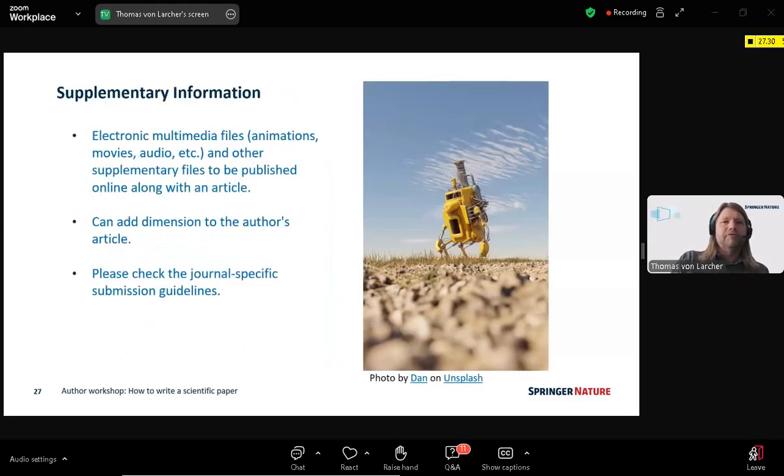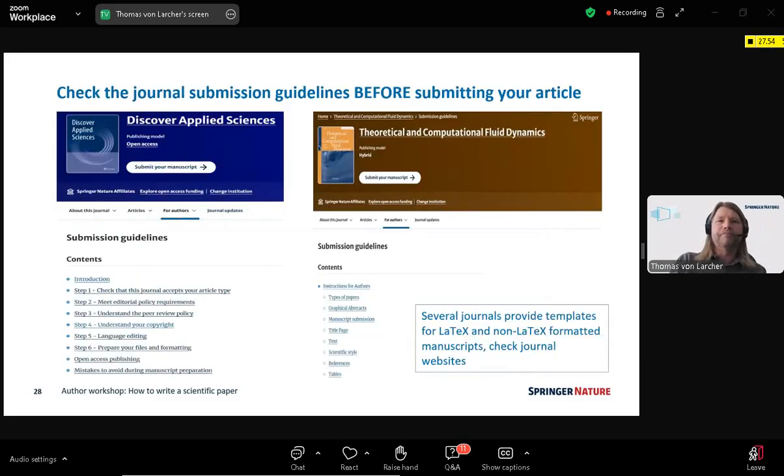Okay, supplementary information. Yes, we encourage you to add supplementary information. It could add dimension. Please check the journal-specific submission guidelines to get an idea how to submit your supplementary information.